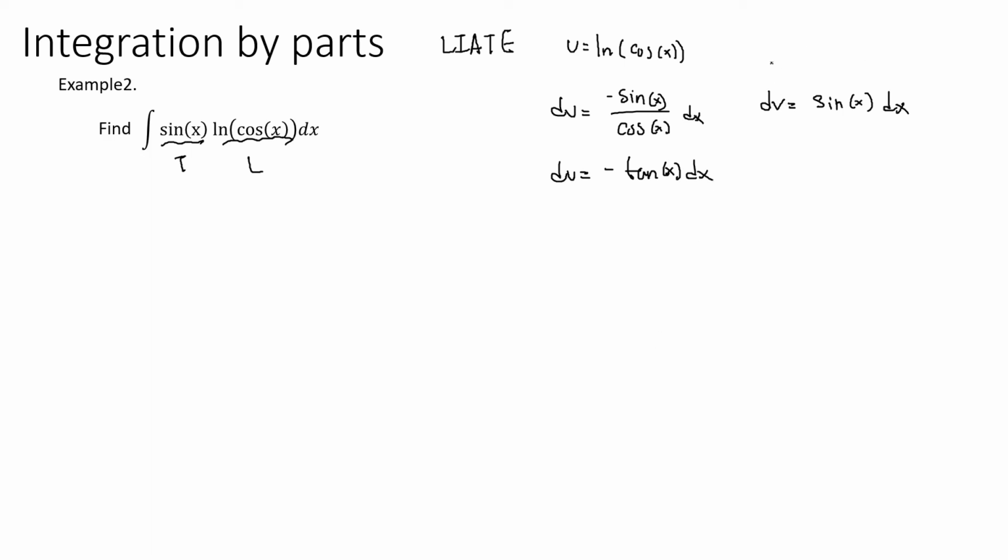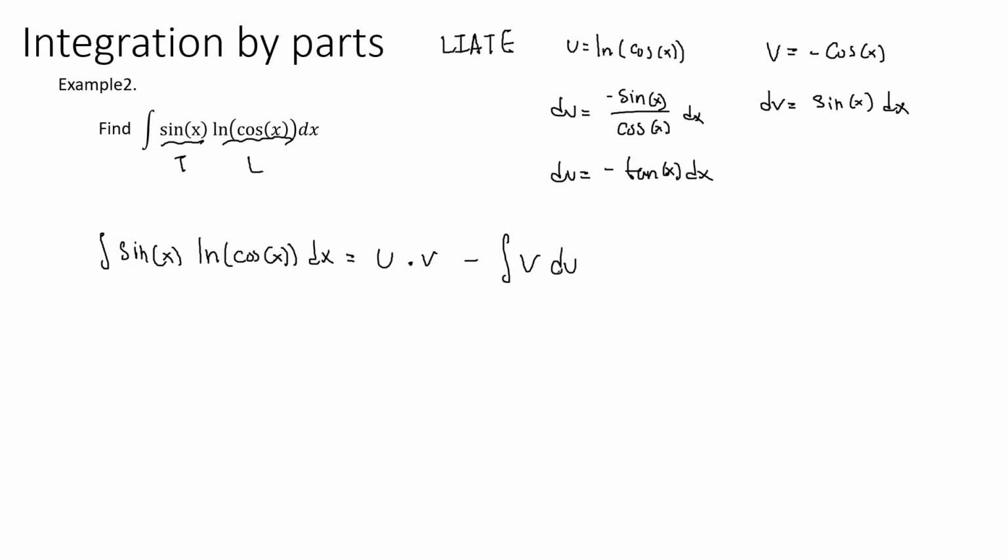And the integral of dv, v, is negative cosine of x. So we have integral of sine times natural log of cosine of x dx is equal to u times v minus integral of v du.